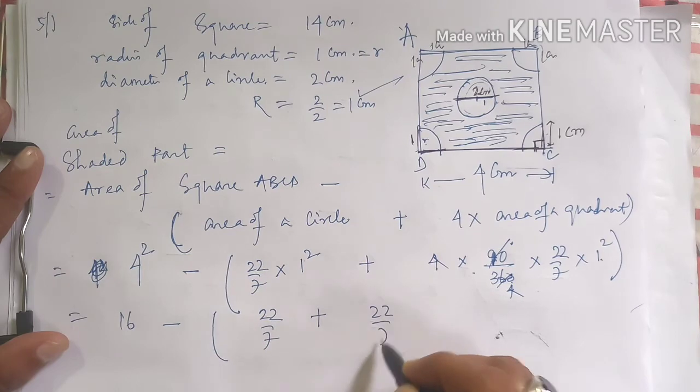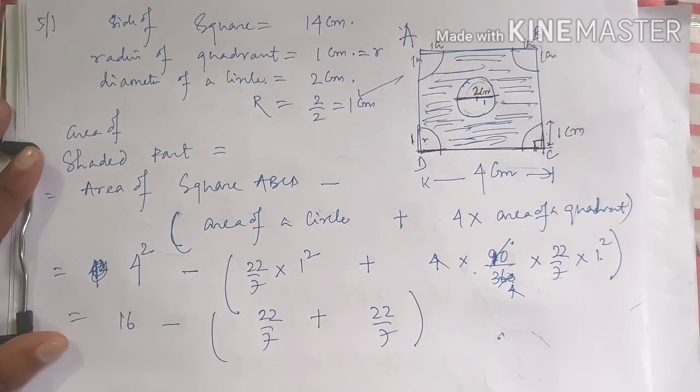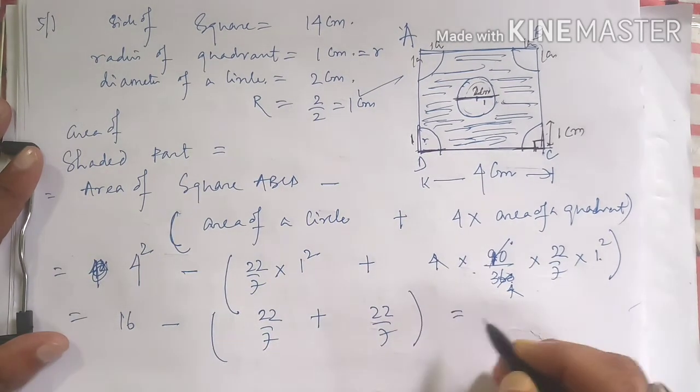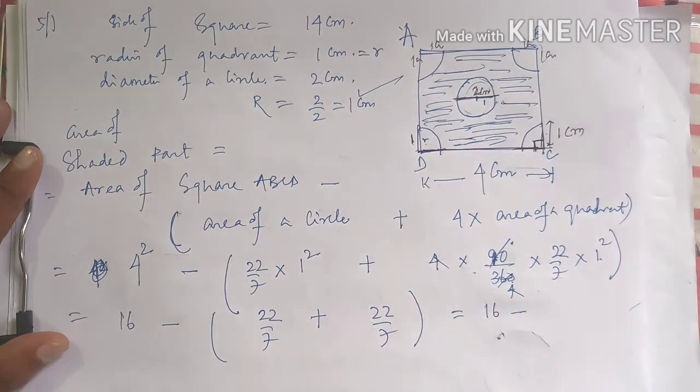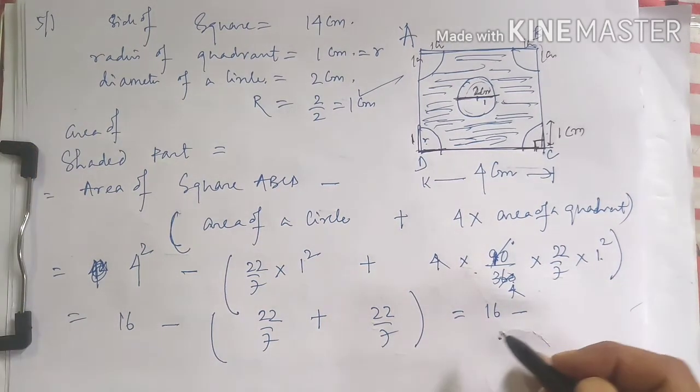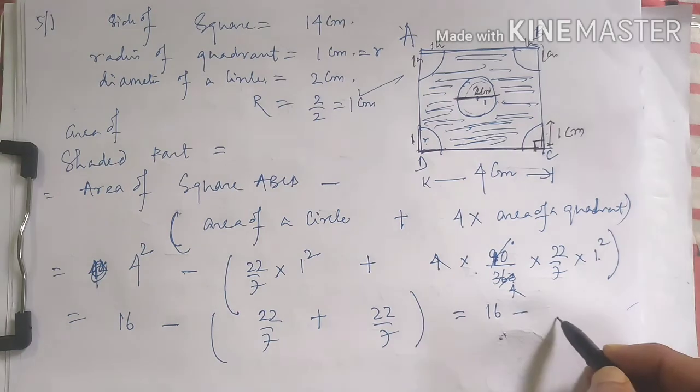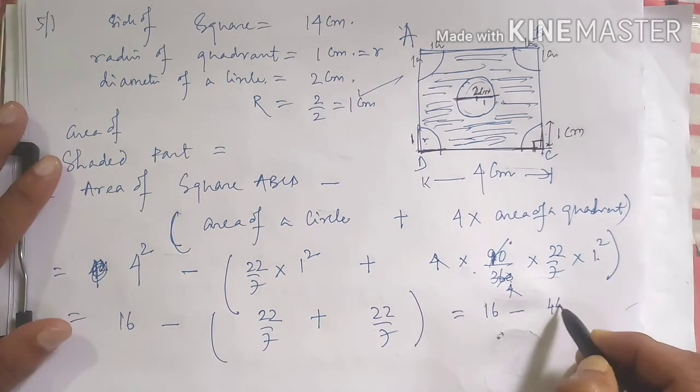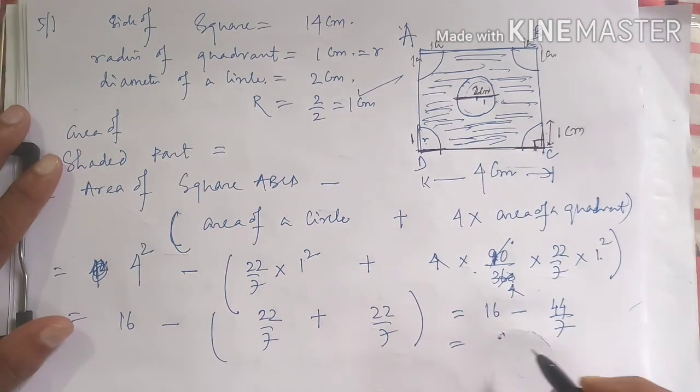22 by 7 over, I am just writing 16 minus 44 by 7.